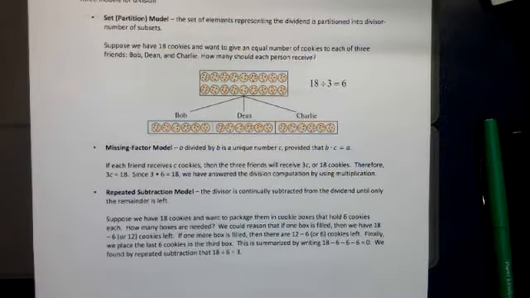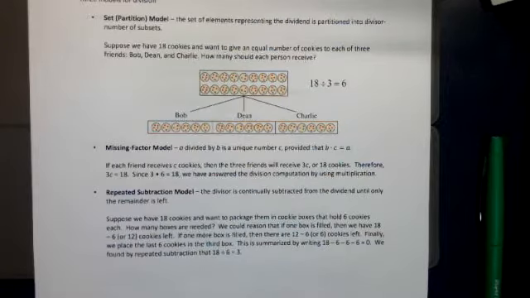If 1 box is filled, then 18 minus 6 is 12, meaning we have 12 cookies left. Fill up another box with 6, then 12 minus 6 means there are 6 cookies left. Then put the final 6 cookies in the 3rd box, and we have no cookies left. So we have 3 boxes of 6 cookies each. That's how we use repeated subtraction.